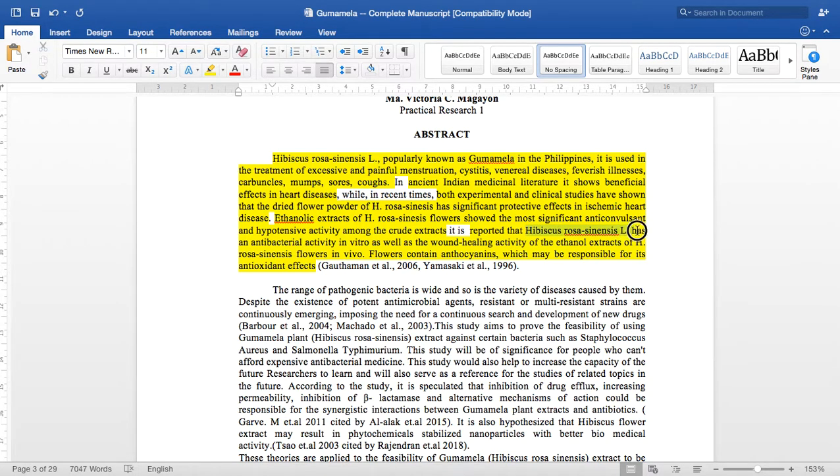There is an antibacterial activity. Okay, no more for this effect.